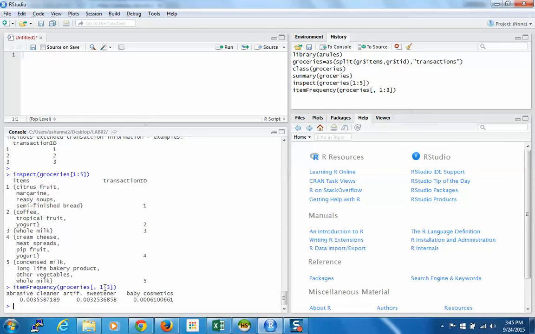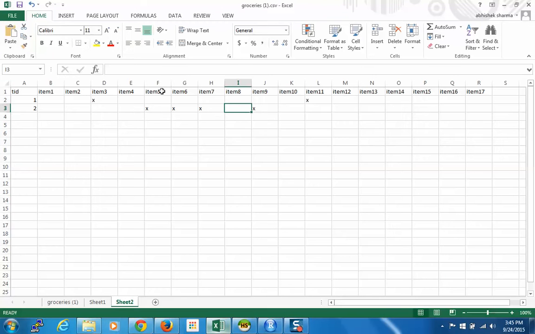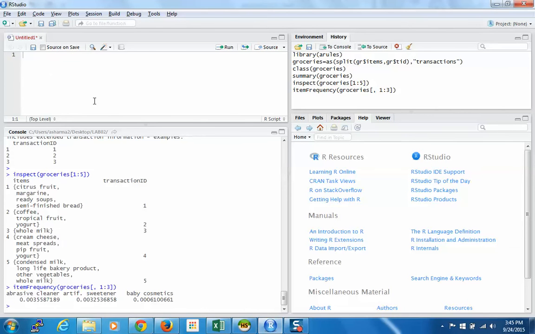So what that means is if I look in Excel, it's talking about these three items over here. Item one is abrasive cleaner, the second one is artificial sweetener, and the third one is baby cosmetics. That is what is meant by this syntax: give me, across all the rows, the frequency of items 1, 2, and 3.